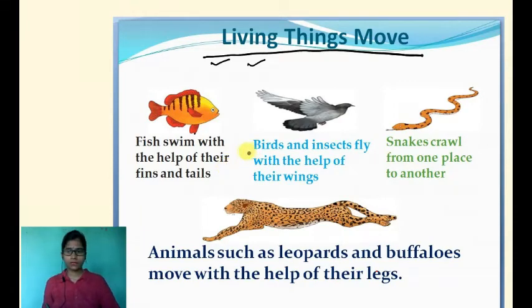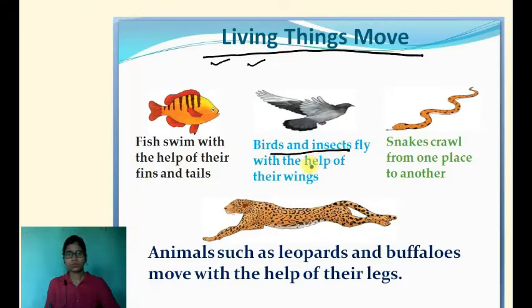As for example, wild animals move around to look for water in rivers or ponds. They also move to look for shelter. For example, you can take birds and insects.